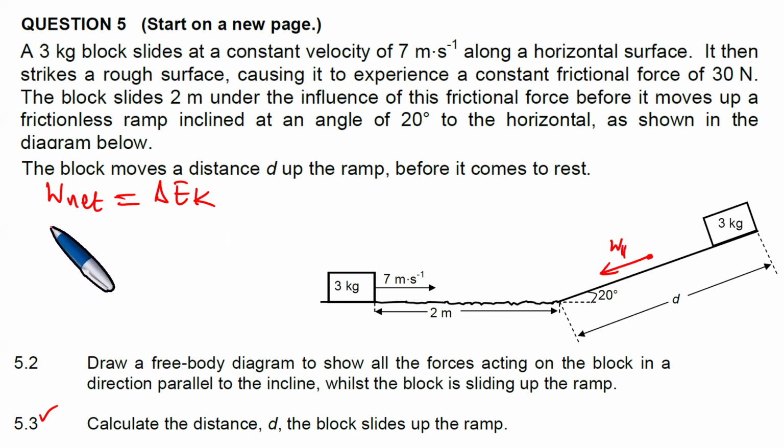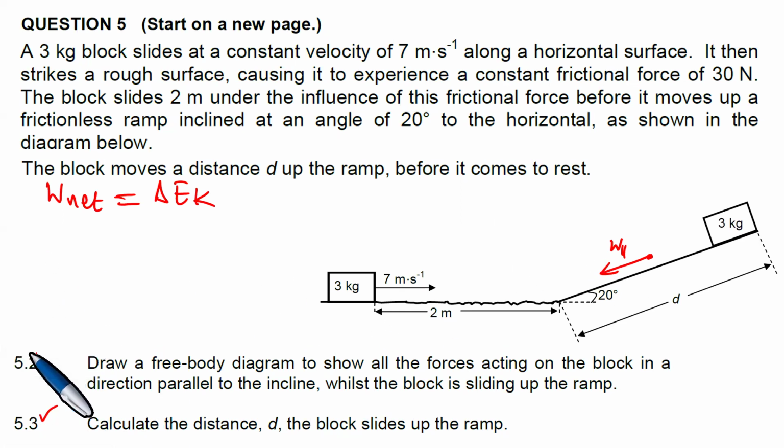So which means we're going to have, okay, right. So you're going to have obviously the work done, which is W net. Let's use the W parallel formula.